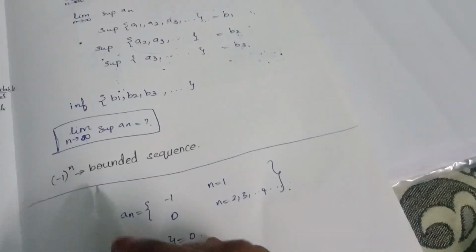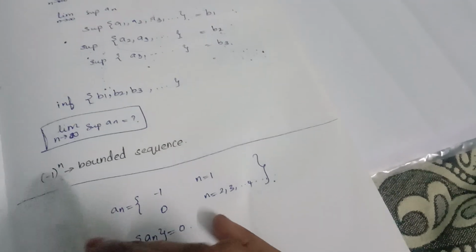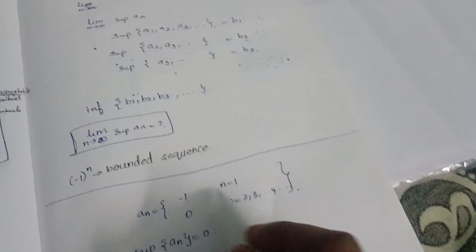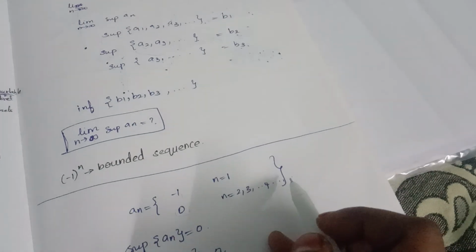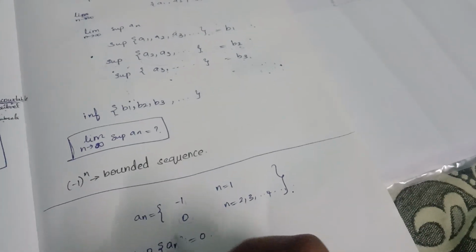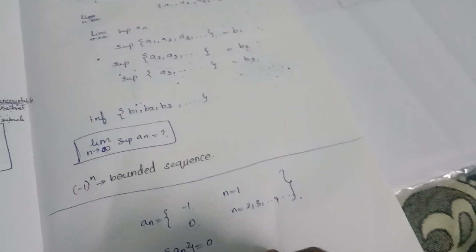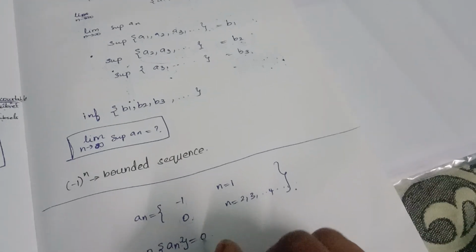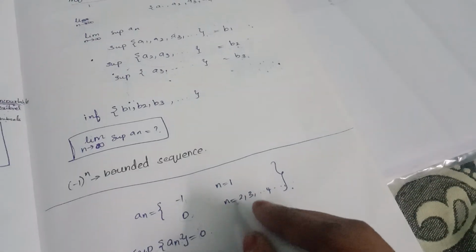For a bounded sequence, we take (-1)^n as a bounded sequence. If a_n is, for n equal to 1, it is -1, and for other terms, n equal to 2 or some other terms, it is 0. So if we take the supremum of a_n, definitely it will be 0, and the limit infimum of this value is 0, according to this.